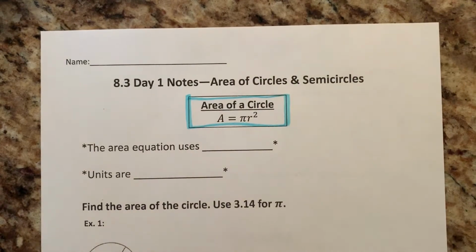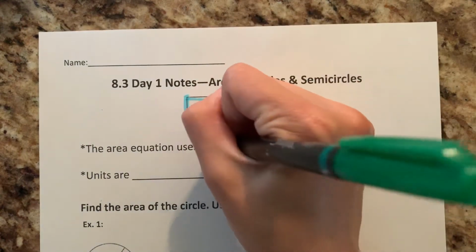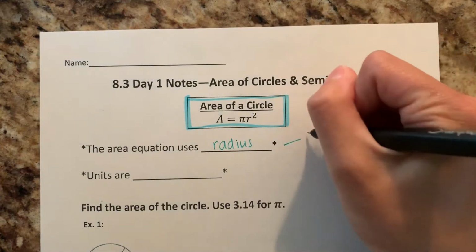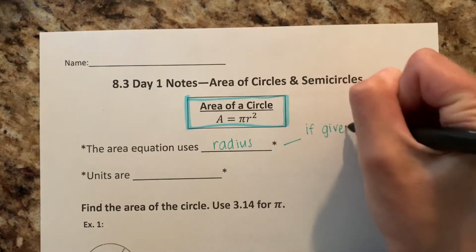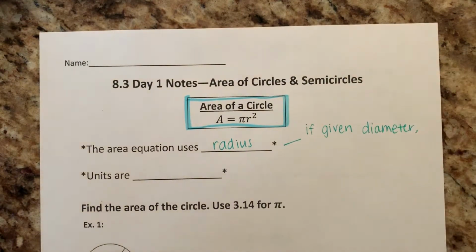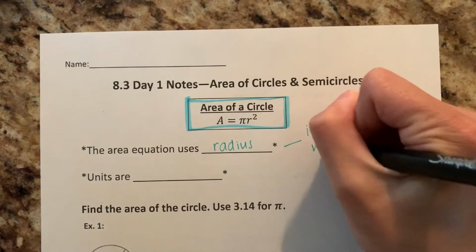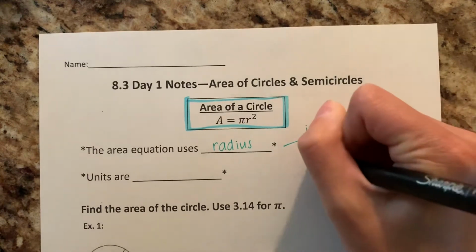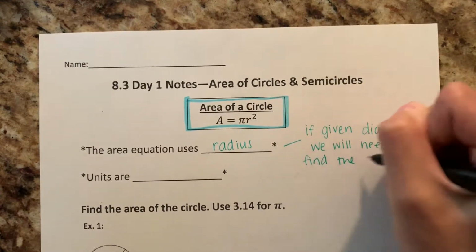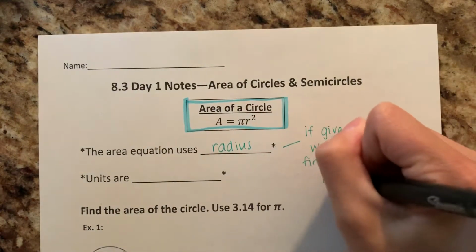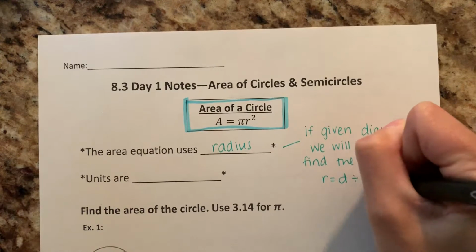So we'll notice that the area equation uses the radius, which means that if we are given the diameter, we will need to find the radius. So to find the radius, it's the diameter divided by 2.